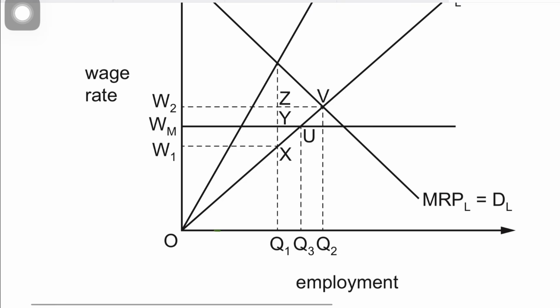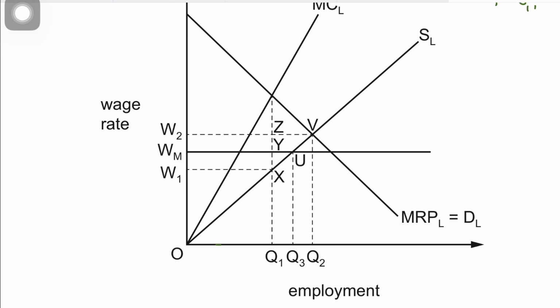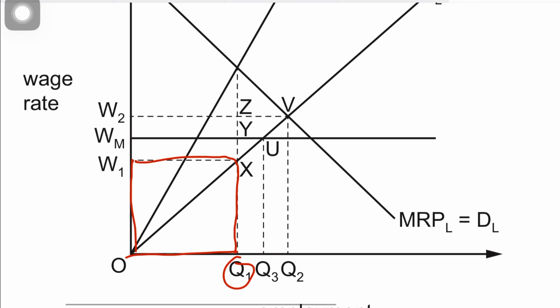Initially, the total wage earnings are OW1 times Q1, because this is the amount of Q1 workers hired at W1 wages paid. This entire area was the wage income for the workers. And now Q3 workers are hired at WM. So this is now this entire big box.